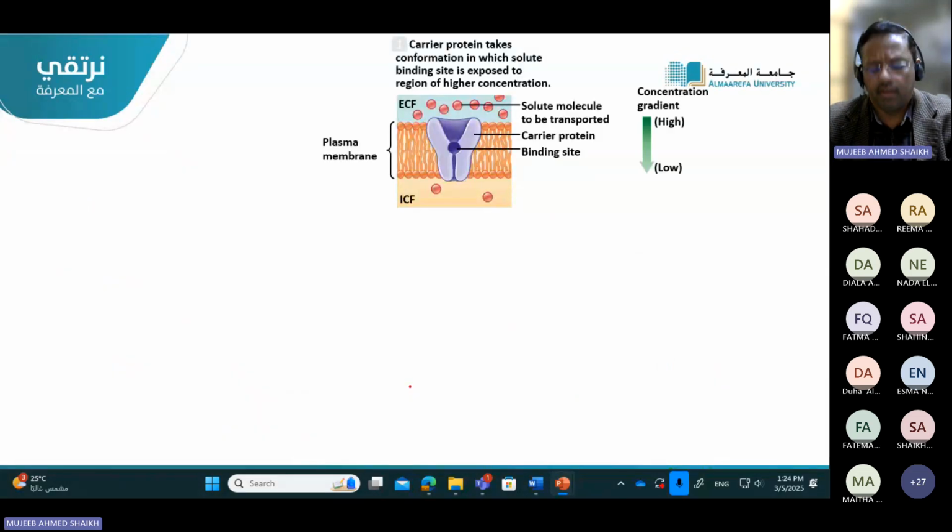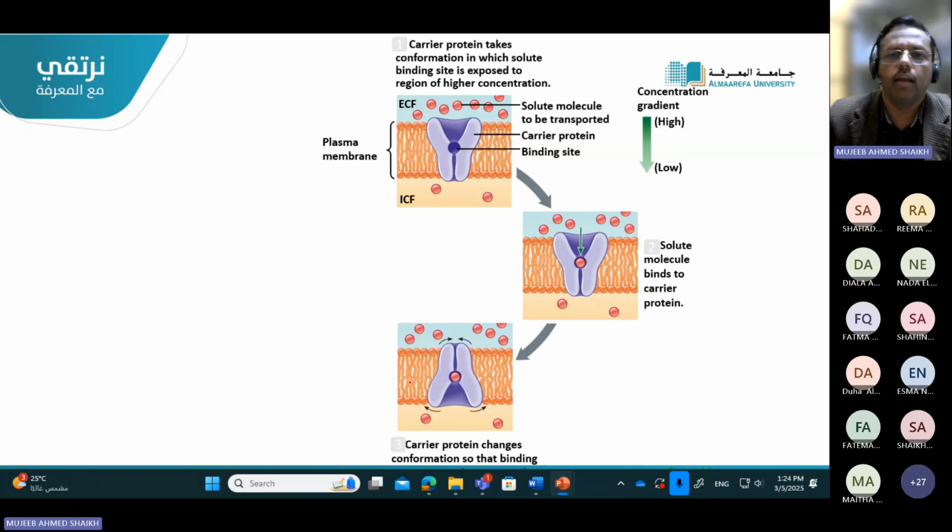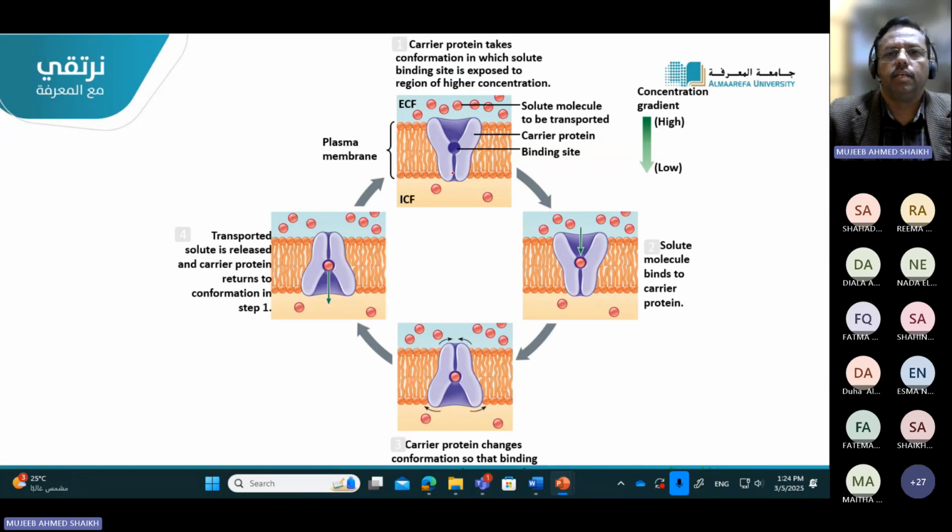So the protein molecule is undergoing a conformational change here. These purple colored structures are protein channels. Suppose this is a molecule present in the extracellular fluid, and it is in higher concentration. You can see there are 8 outside and 2 inside.